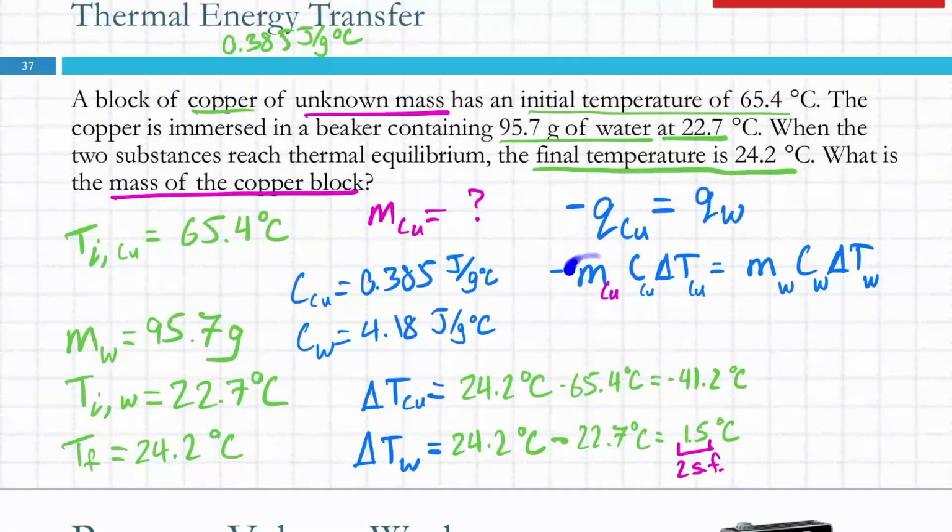We can solve for our mass of copper. I know this is probably the most confusing way to do it, to do it all in one step, but I'm going to do it all in one step. Big negative out in front, because we'll have to multiply by this negative at some point. We're going to have the whole right side, the mcΔT for water, over the cΔT of copper.